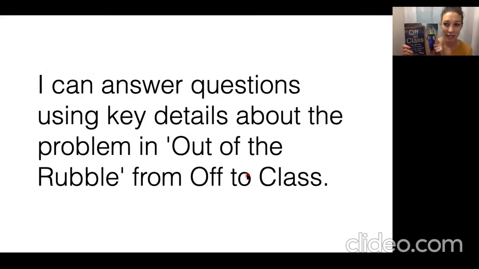Off to Class is the book that we've been reading, and Out of the Rubble is the story that we will read. So listen closely, and in the activity, you will need to maybe reread certain parts so you can answer what you need to write about by telling us what's in the story, not just what you think. So let's get started with that.